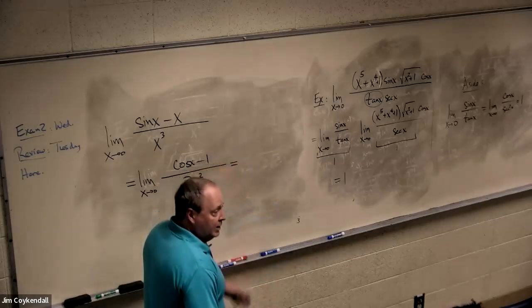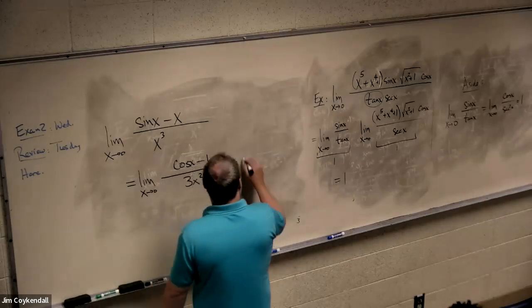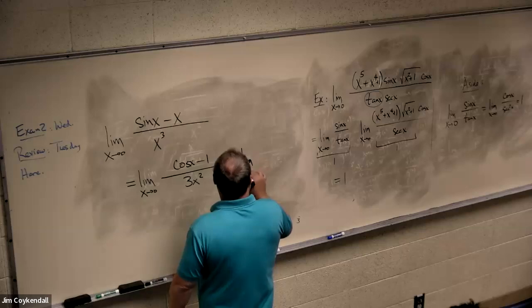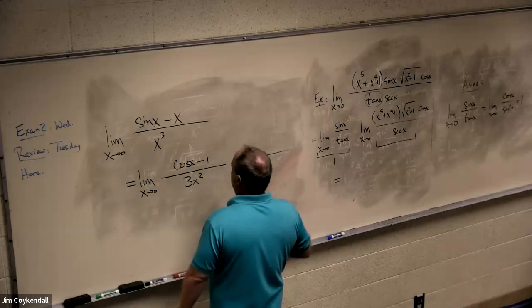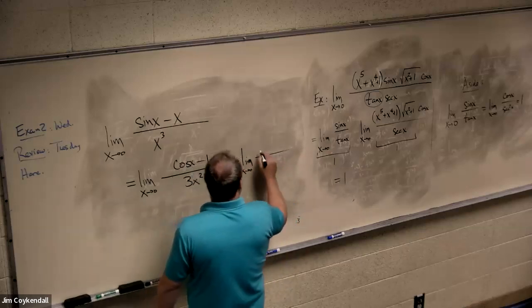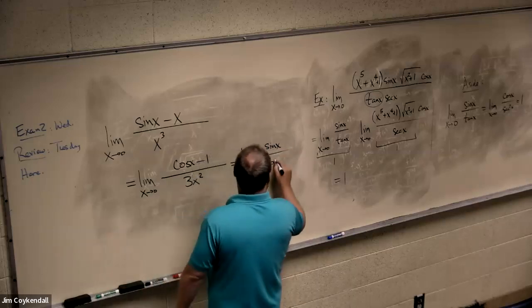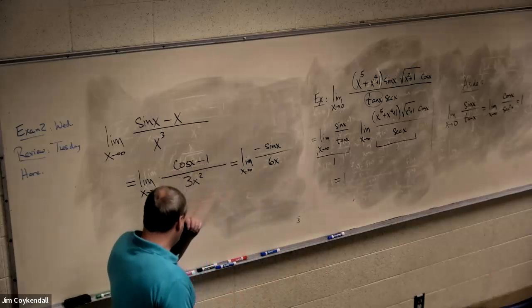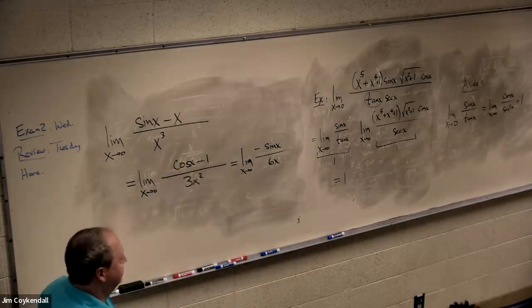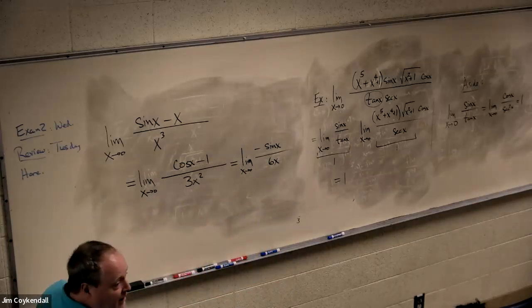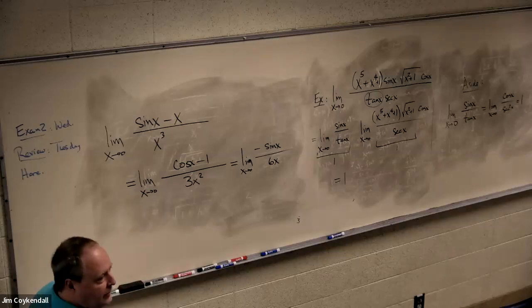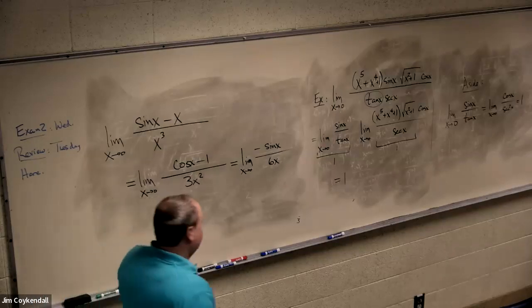Well, it still smells like we need L'Hopital again, so let's try it. Derivative of cosine is negative sine. Derivative of this is 6x. Still, I have 0 over 0.